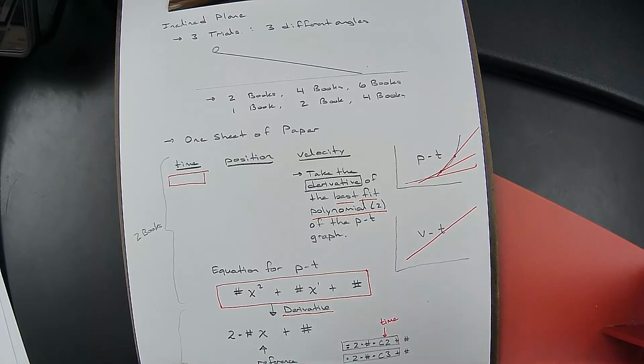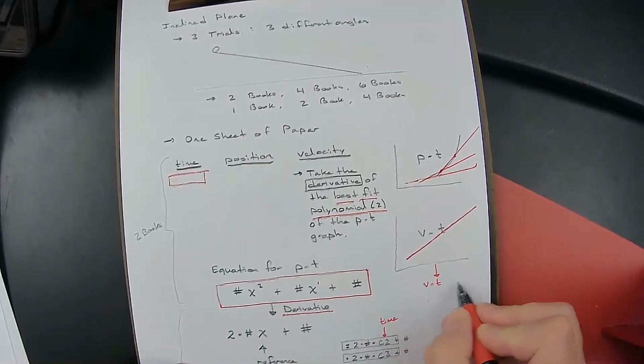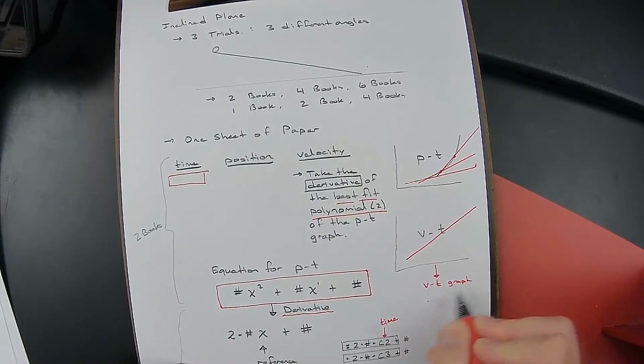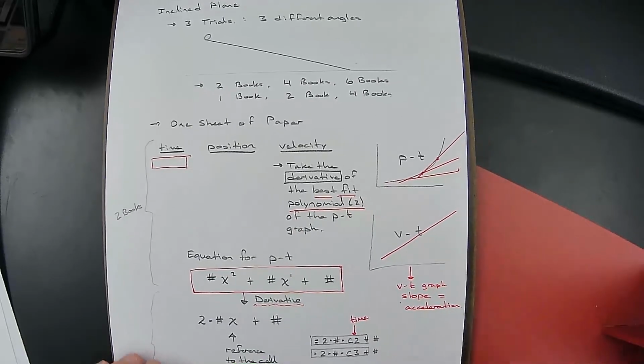From this velocity time graph, the slope equals acceleration. The slope that you get on your velocity time graph is going to equal your acceleration.